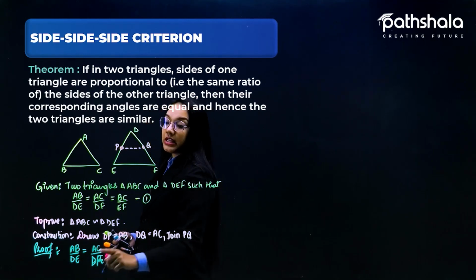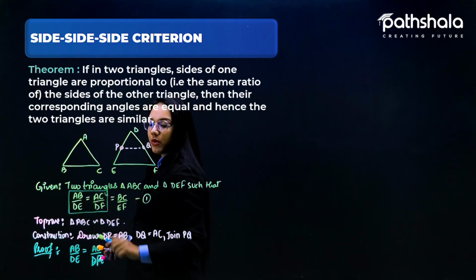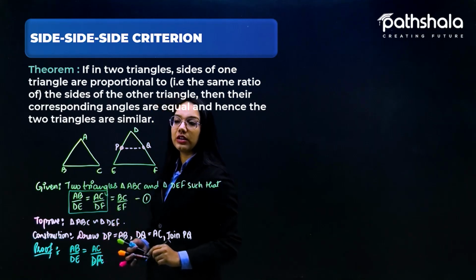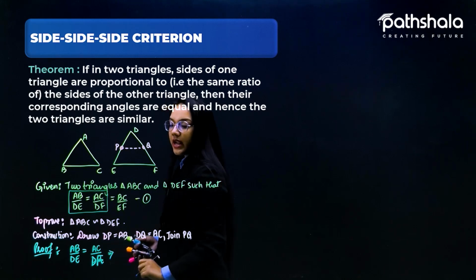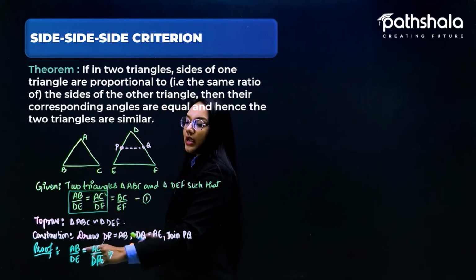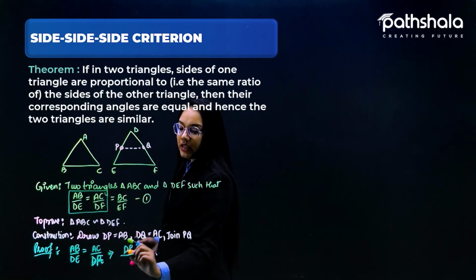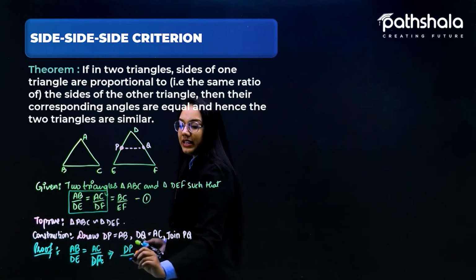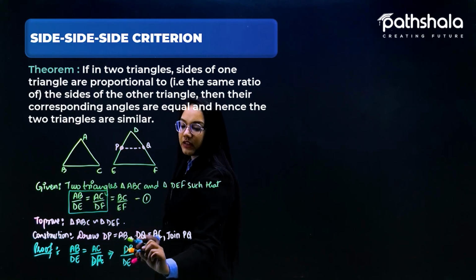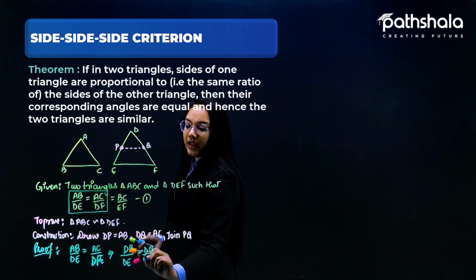We know this fact from equation number 1, that these ratios are equal to each other. Let us rewrite this statement: in place of AB, I'm writing DP, so DP by DE, and in place of AC, we can write DQ by DF.